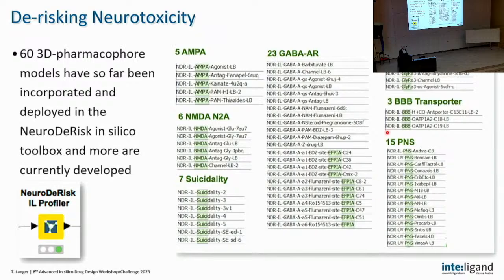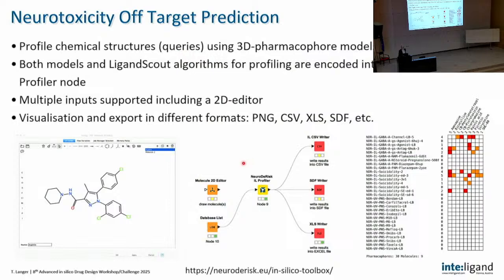And they are all built into a so-called neuro de-risk profiler node in KNIME, where you can just funnel in your compounds. You can draw them with an editor here in KNIME, or you can load an SD file or a LigandScout database, whatever. In this node, all the calculation is done.